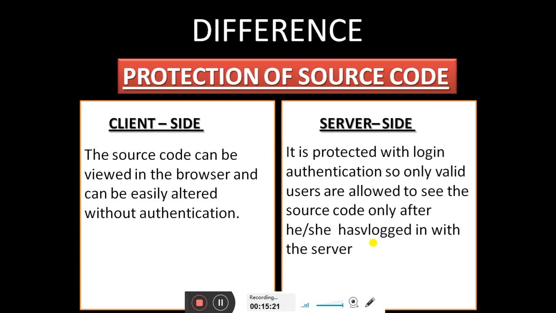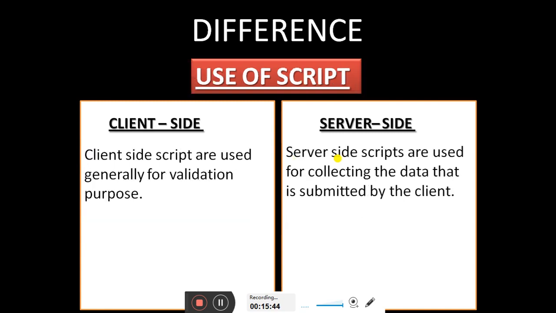Without authentication, no one can access the server code. So the difference in protection of source code is, here there is no security on the code. Here an authentic ID and password are required to access the source code, so the security is more.